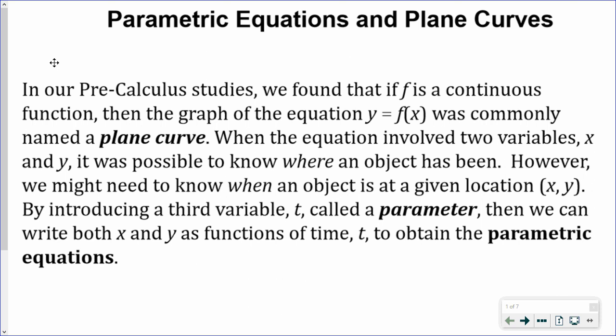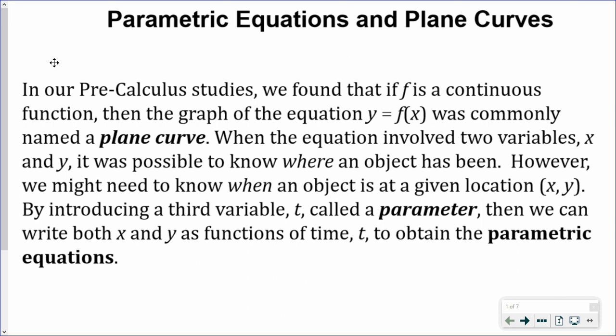Now, when the equation involved two variables, x and y, it was possible to know where an object is located or has been. However, we might need to know when an object is at a given location, x comma y. So parametric equations just introduce a third variable, t, which is called a parameter, so that we can write both x and y as functions of time.